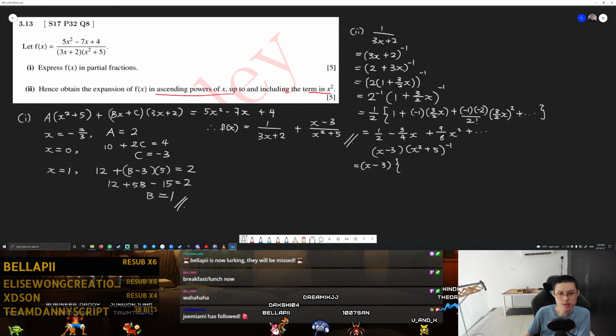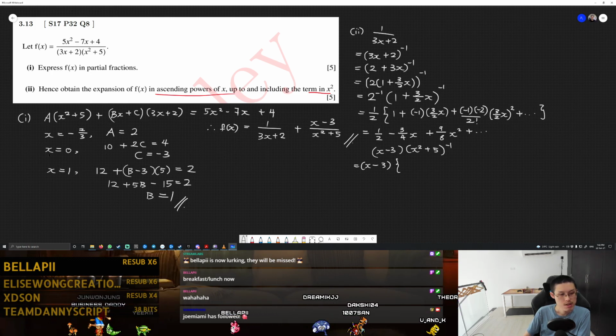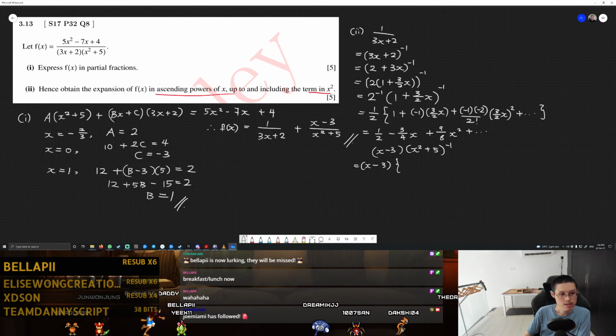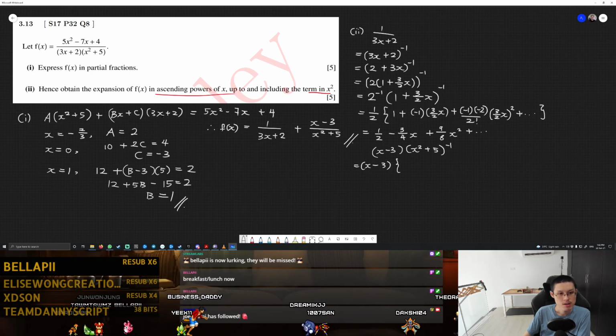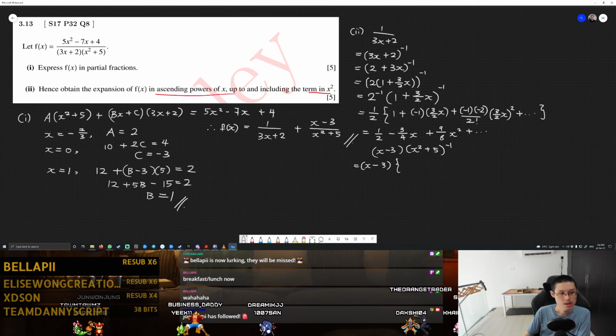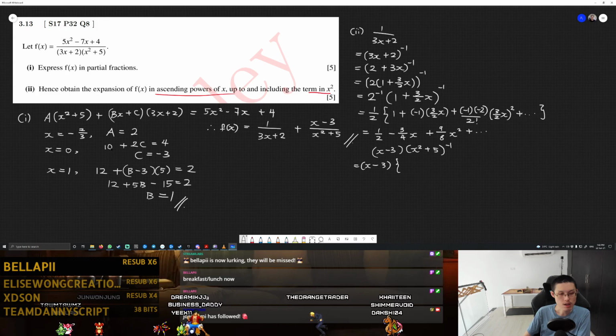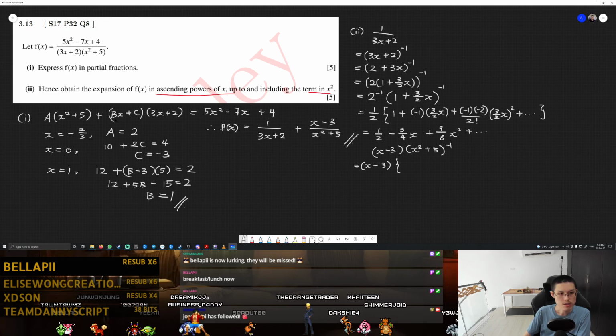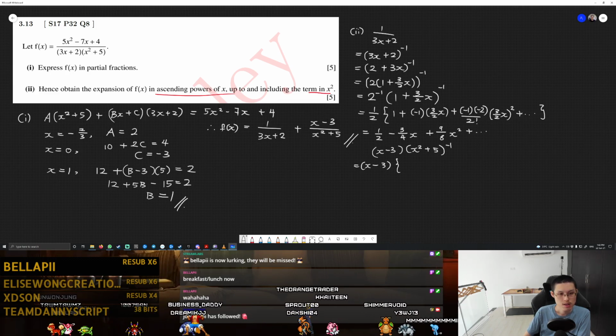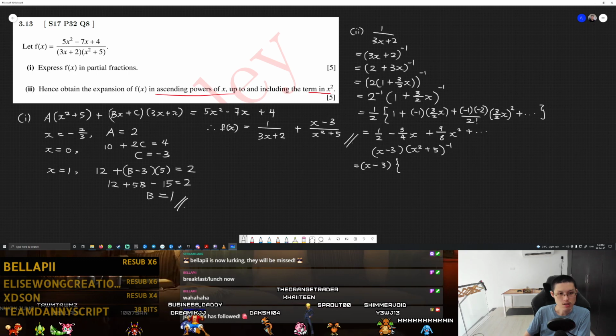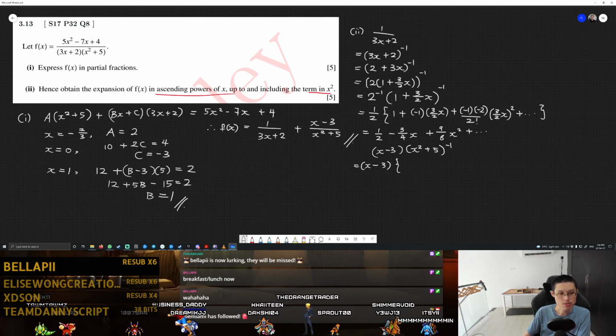I'm not quite sure what you mean. If x is 0, that means you're replacing all the x's here with 0. So this one will give you 5 times a, 5 times a is 2, so you get 10. And then when x is 0 here, b disappears. When x is 0 here, you get 2, so 2 times c is 2c.